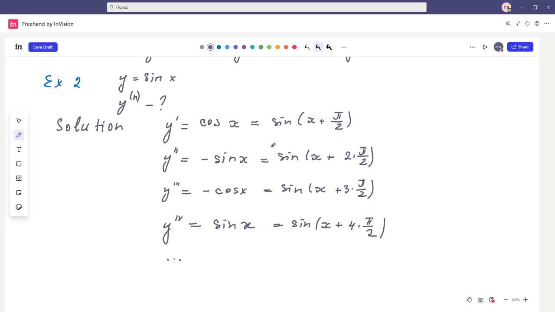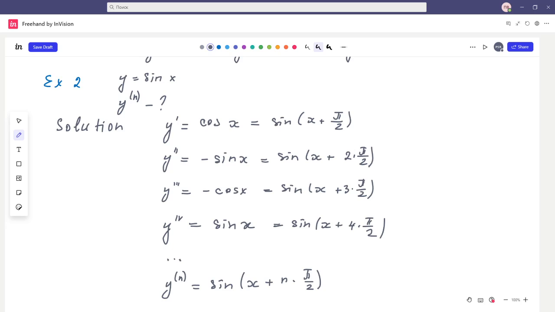And we can think that the nth derivative of the function y is sine of x plus n times pi over 2. In similar fashion, we can also derive the formulas for the derivatives of any order of certain other elementary functions.